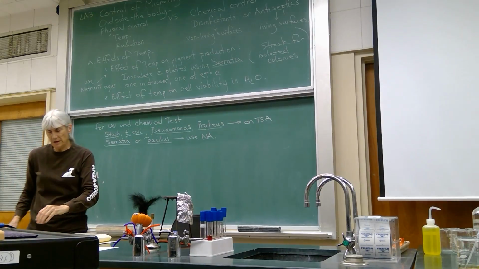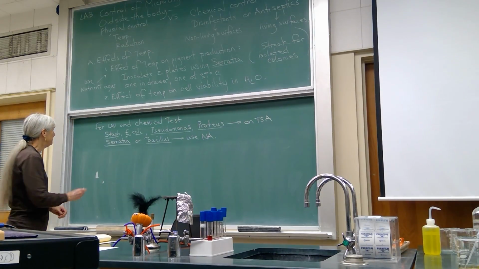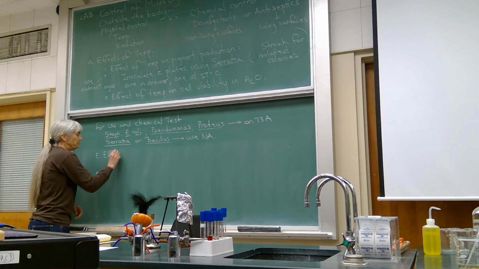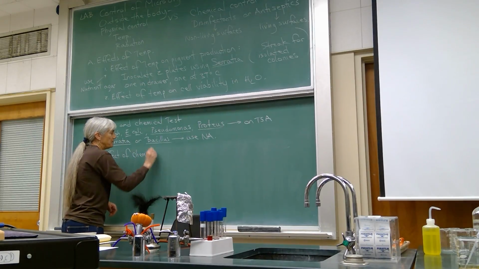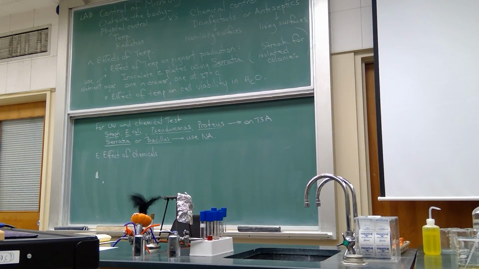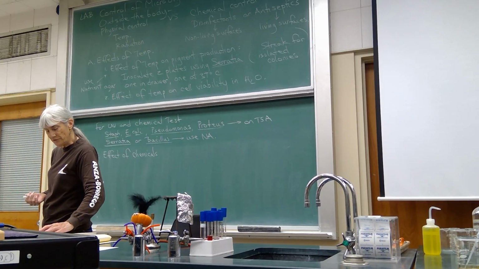The chemical test is the effective chemicals, which is E on page 257. In lecture, I talked about different categories of chemicals. So we had halogens, and we had alcohols, and we had heavy metals. And so we have a variety of different chemicals that you can use, and you can see that they're listed kind of toward the bottom of page 257.